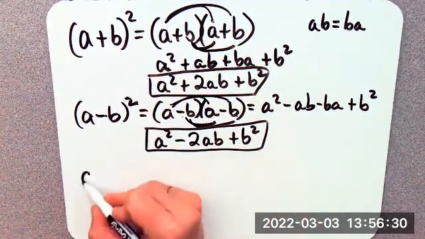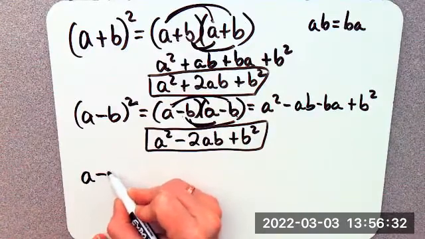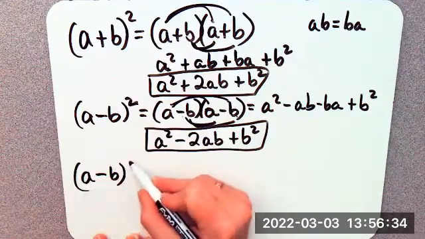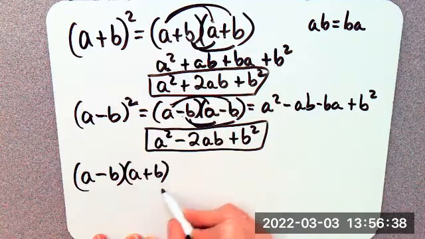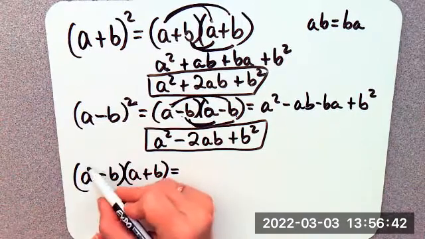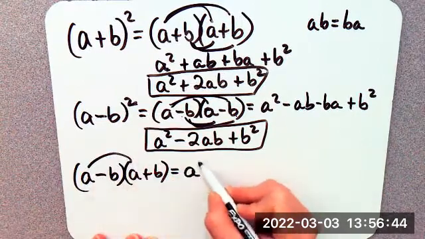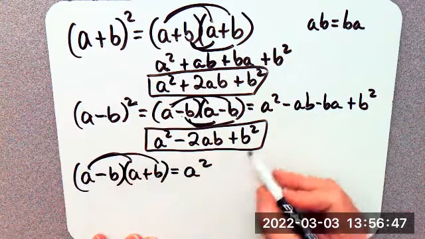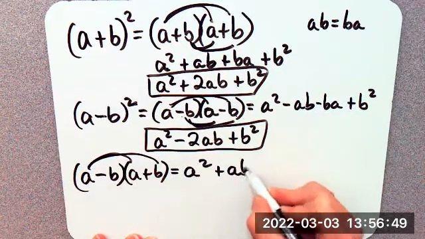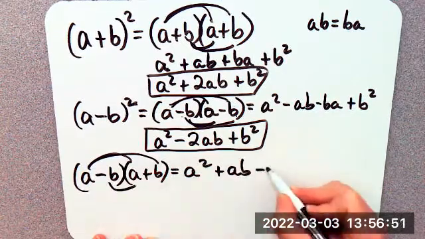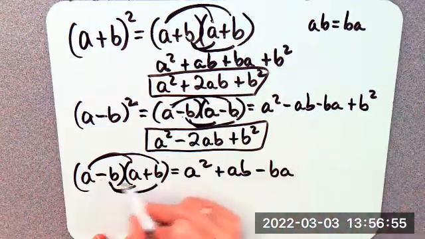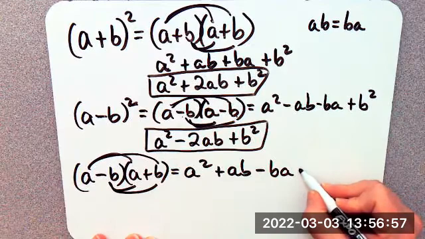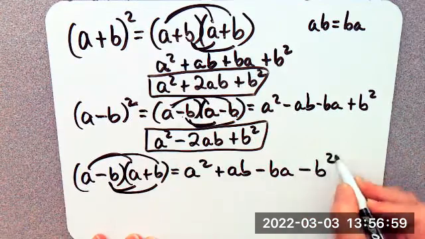Now, our third case, the difference of squares. It doesn't matter if we have a minus b times a plus b or a plus b times a minus b because of the commutative property of multiplication. So when we do this, we get a squared plus ab, and then we get minus ba, and then negative b times a positive b is a negative b squared.